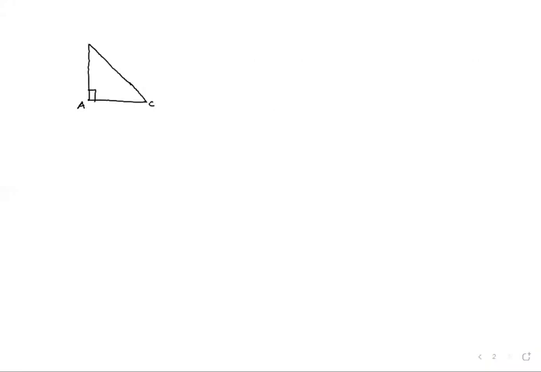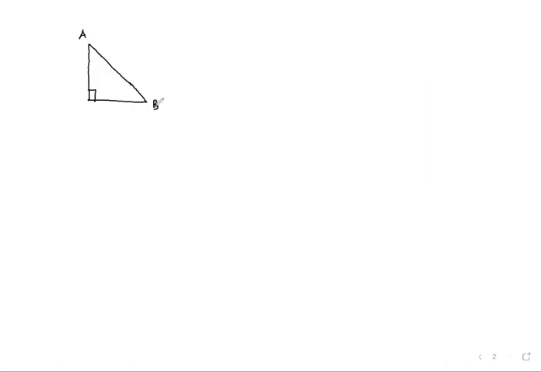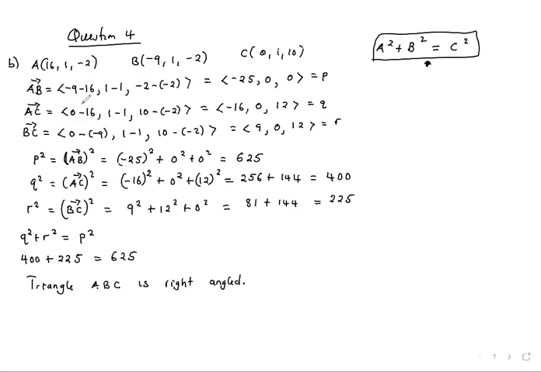Then I haven't labeled well. So we'll have A here, the longer one, AB, okay, AB. So this will be C. So we have sides, AC is the square root of 400.